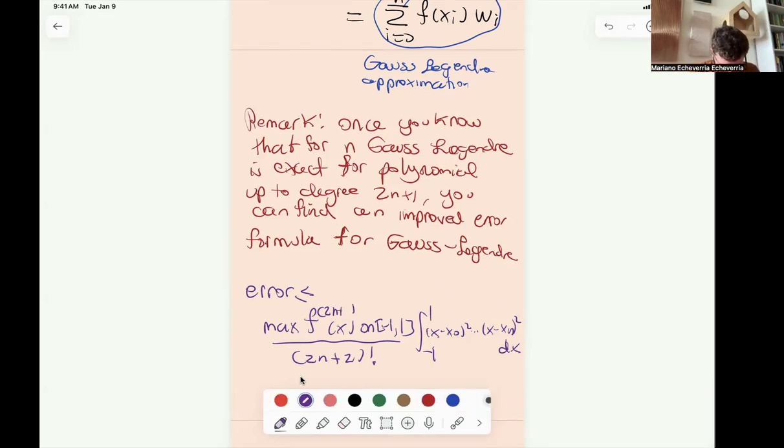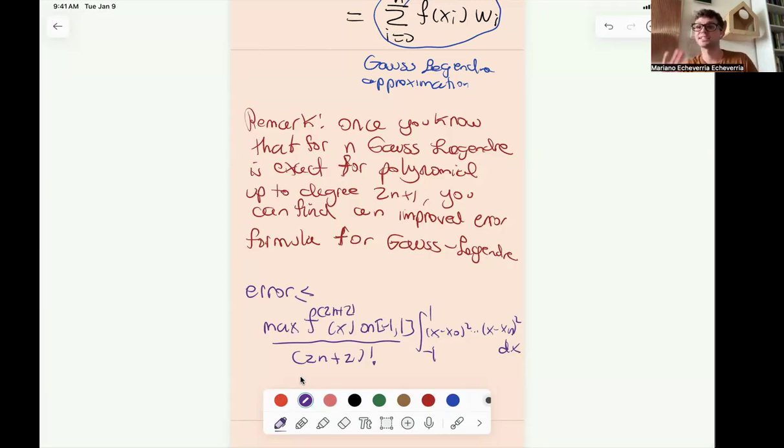Yes, 2n plus 2. So it's not for free, you still have to show it, but it allows you to improve the error calculation for any function so that it involves the 2n plus 2 derivative of the function.